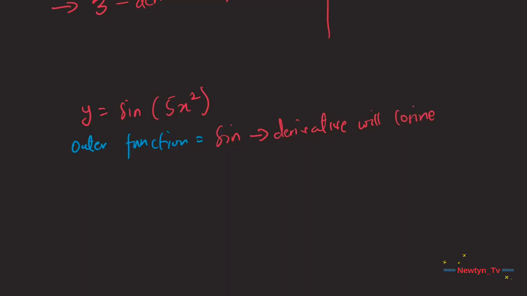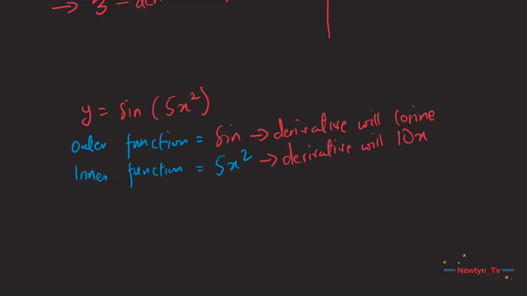Now step 2 is to find the inner function. What will be our inner function? The inner function will be the 5x squared, and the derivative will be 10x.